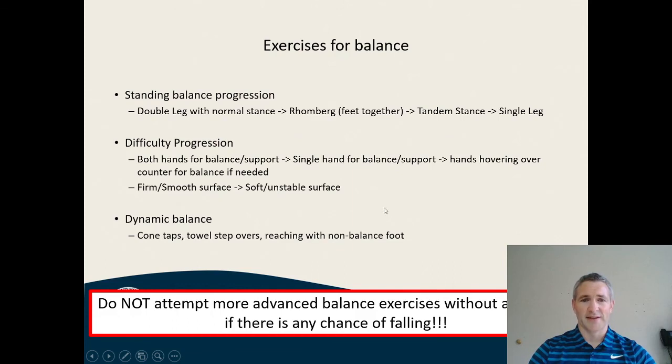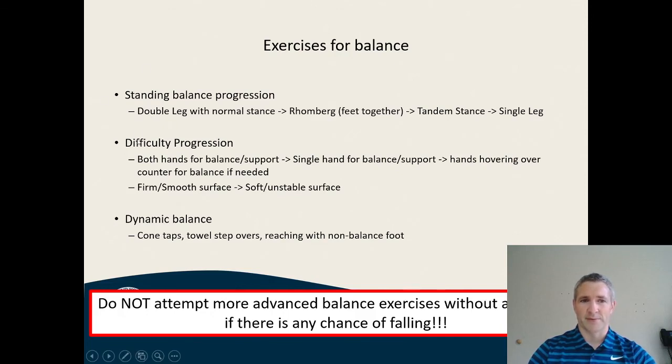And then the last way to make it more difficult is to go from kind of a firm, smooth surface to standing on something that's either soft or a little more unstable. So a good example for this would be a folded up blanket or a pillow. Just make sure it's not going to slip out from underneath your foot. And then when you're doing this, you kind of start back over at the beginning.